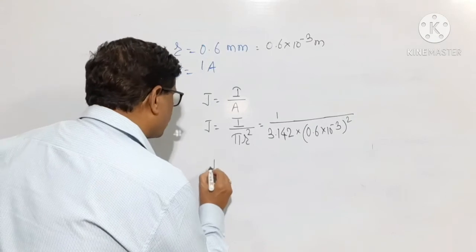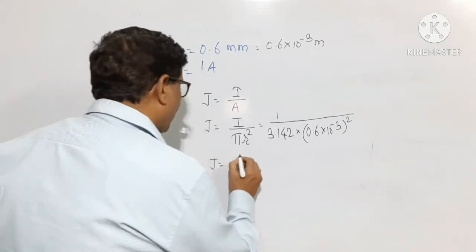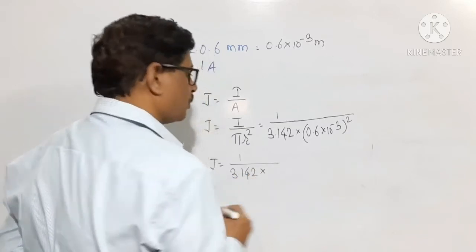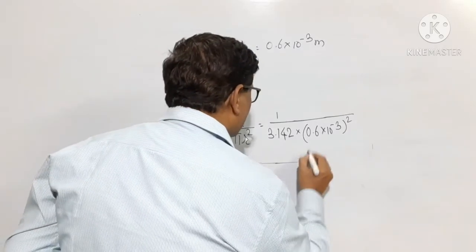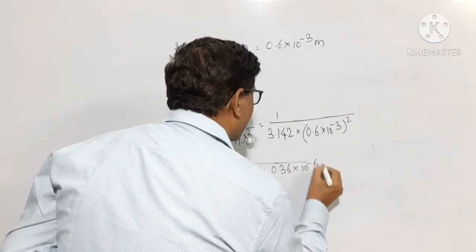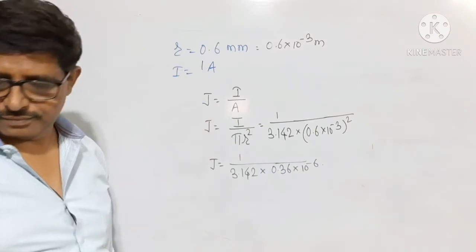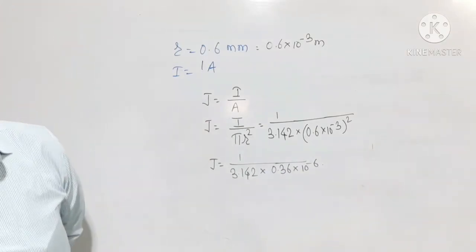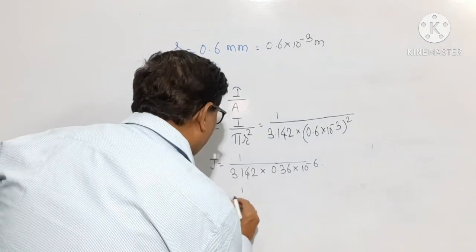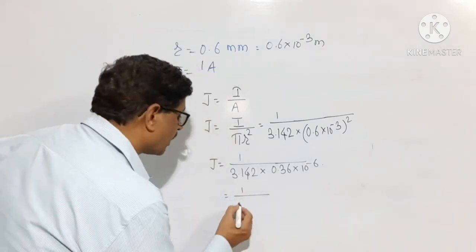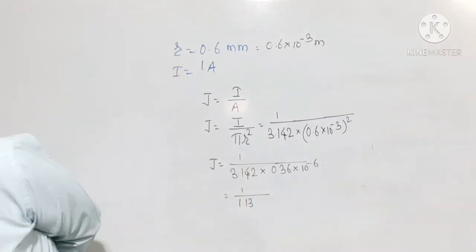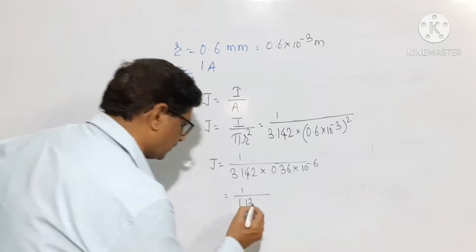And therefore it comes out to be J equal to 1 divided by 3.142 into the square of 0.6, which is 0.36 into 10 to the power of minus 6. The total comes out to be 1 divided by 1.1311.